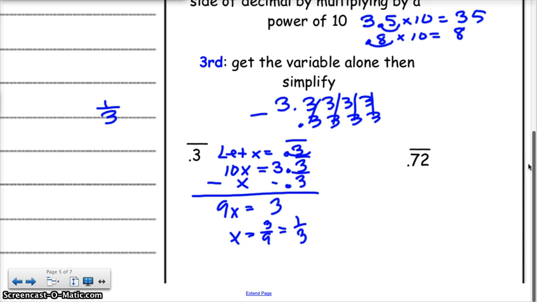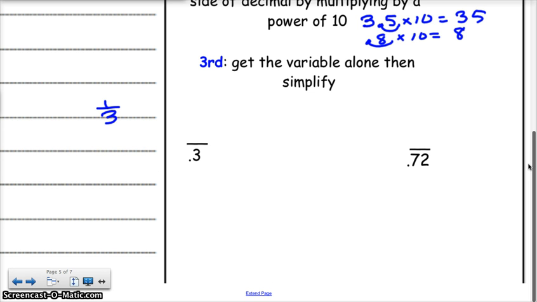I'm going to do it again. Don't copy it yet. I'm going to re-solve this problem, and then the third time you're going to do it. Let x equal 0.3 repeat. Let it equal the pattern. There's one number in the pattern, so 10 times x would be 3.3 repeat.